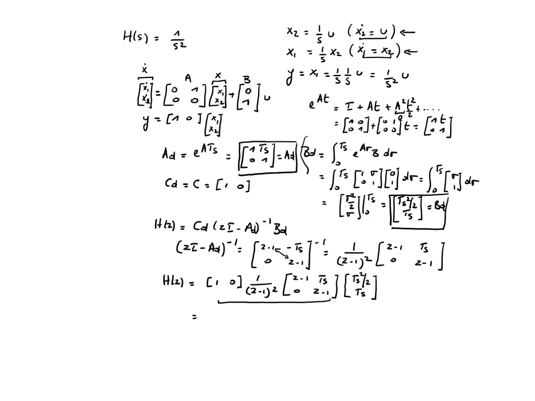We'll have 1 over (z minus 1) squared, and then we'll have [z minus 1, Ts], which we have to multiply by [Ts squared over 2; Ts].